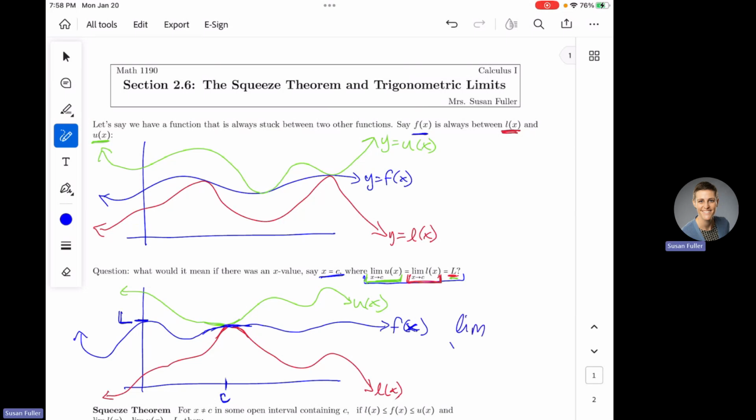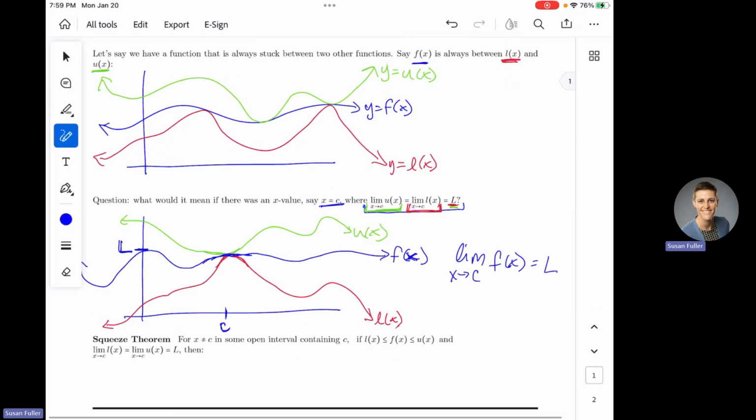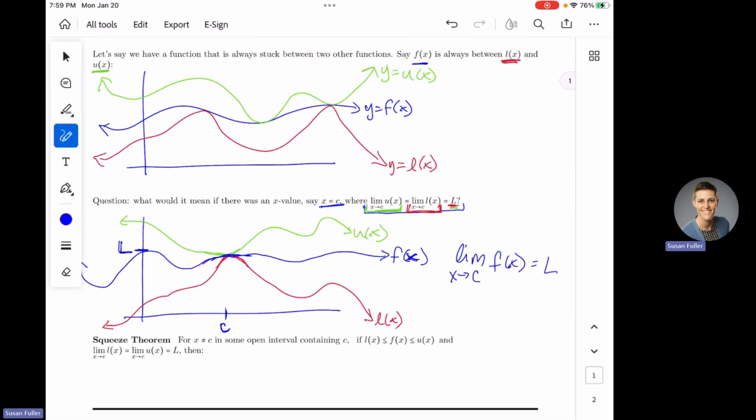So I need the limit as x approaches c of my function f. It also has to be L because it's stuck between these two functions that squish together and both touch y equals L as x approaches c. Hopefully that makes sense. This is the squeeze theorem.